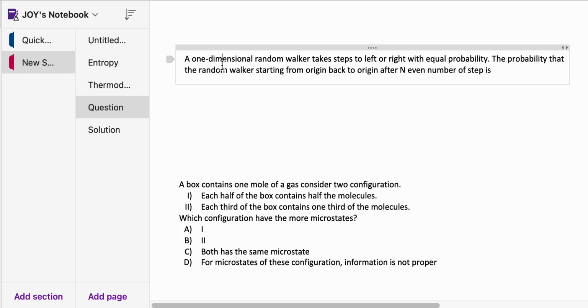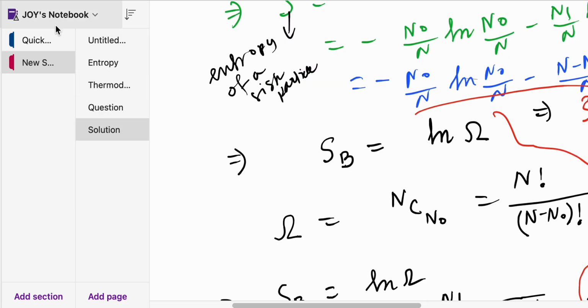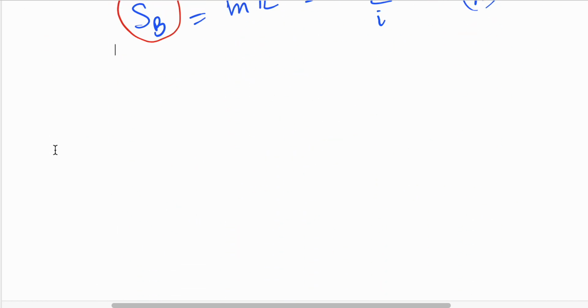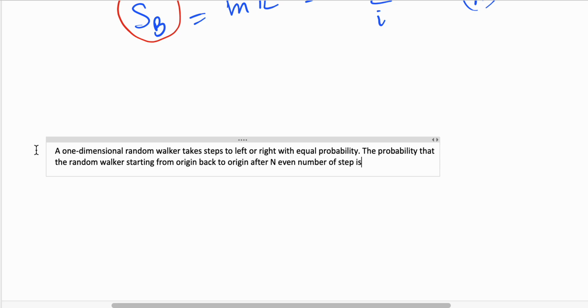So it is asked here: a one-dimensional random walk takes steps to the left or right with equal probability.